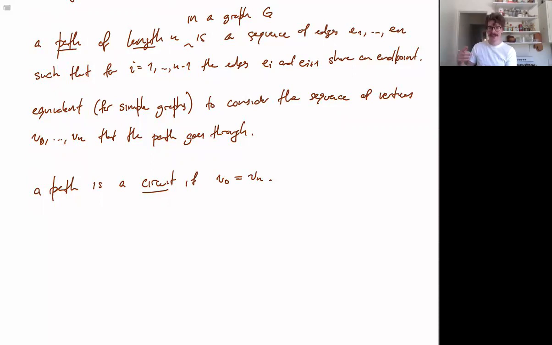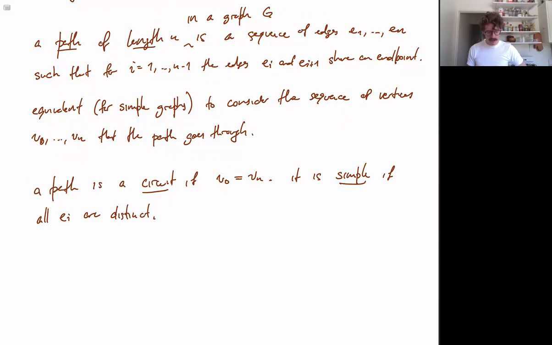A circuit means it forms a closed loop. A path is simple if, again, using the notation up here, all our Ei are distinct, which is to say that it does not visit the same edge more than once. So in general, a path can go through a certain edge as many times as you like, but a simple path is restricted to going through every edge at most once.